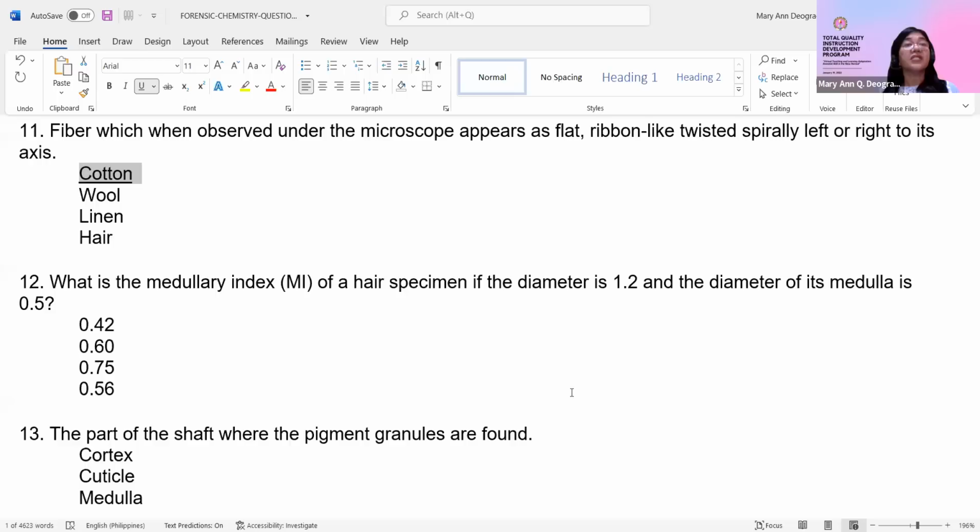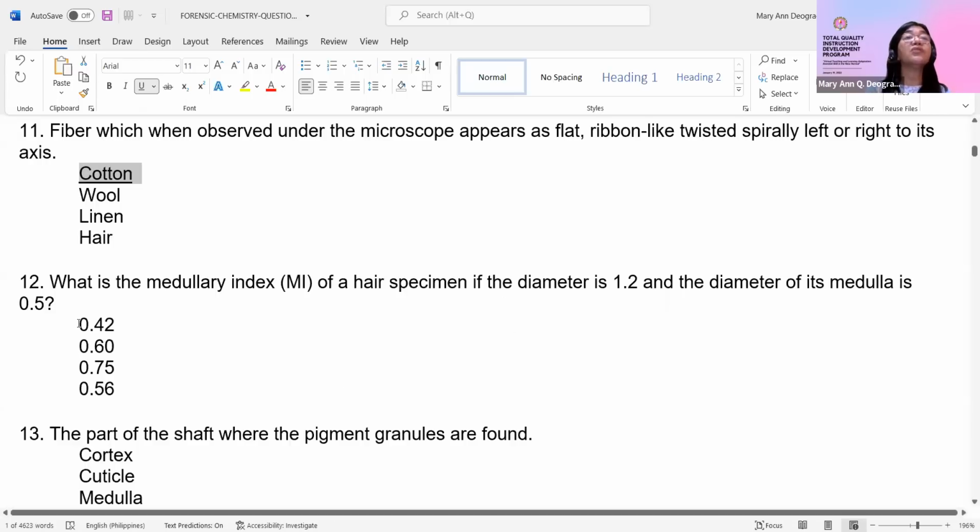So the answer is 0.42. All you have to do there is divide.